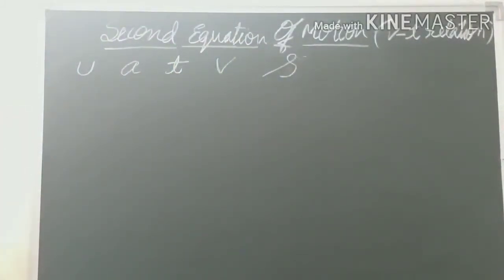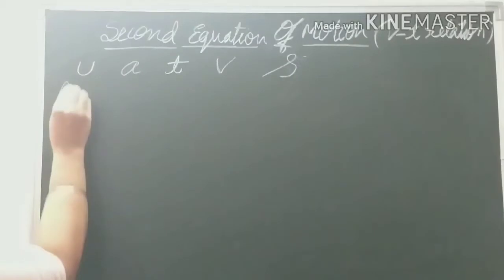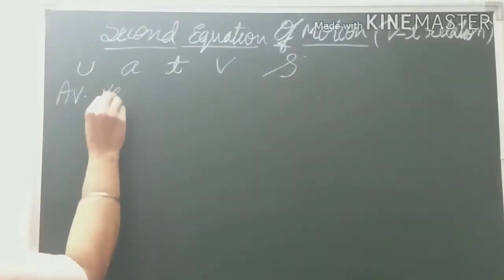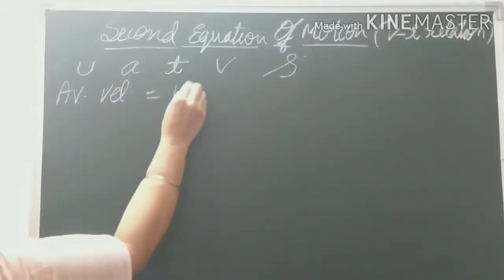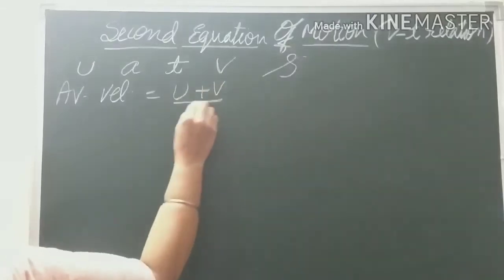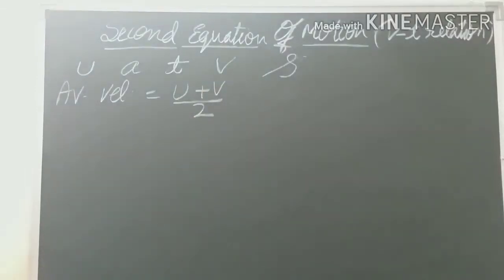Now the distance traveled by a moving body in time t we can easily find out by its average velocity. यहाँ पर हमें average velocity लेनी पड़ेगी. Since the initial velocity is u and final velocity of that body is v, the average velocity is u plus v upon 2. ठीक है.